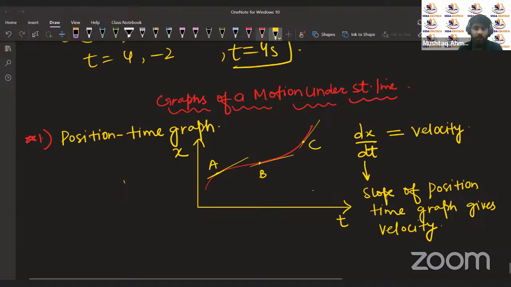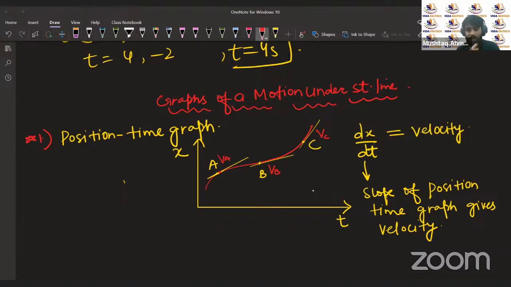But we can also see that the slope at point C is greater. Let's suppose the velocity at C is Vc, the velocity at B is Vb, and the velocity at point A is Va. And we know that the greater the slope of the position time graph at a point, the greater will be the velocity, or the magnitude or speed of the particle at that point.